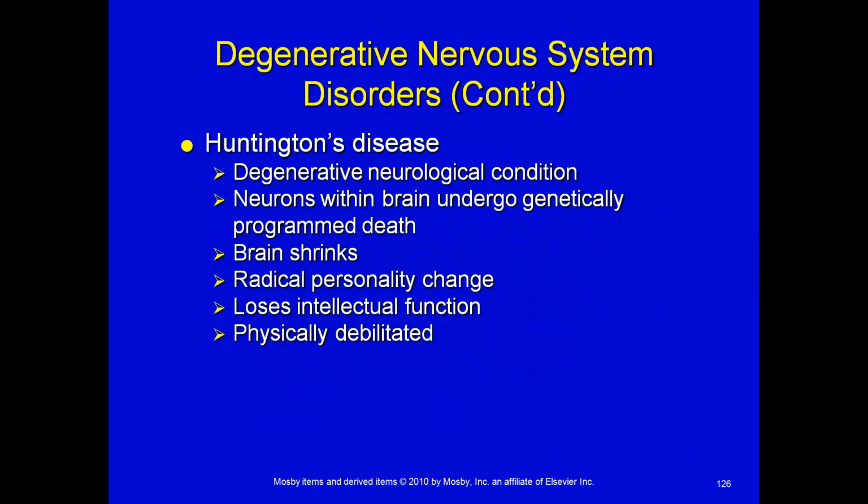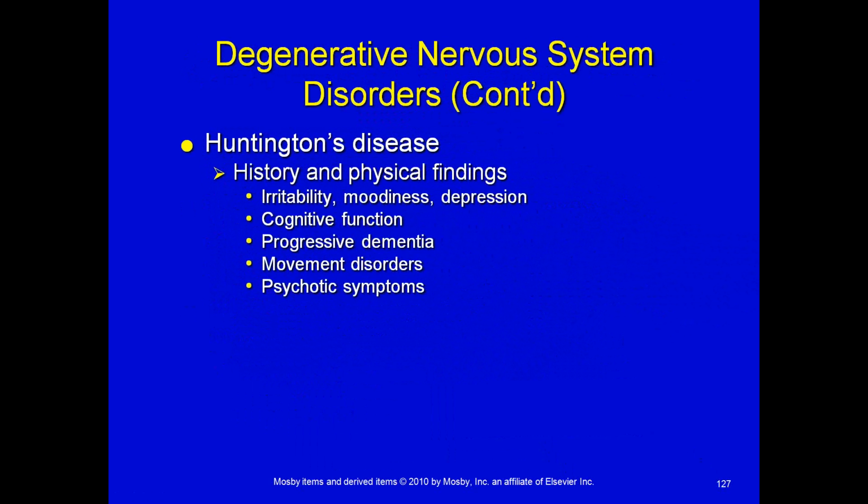Huntington's disease is another degenerative neurologic condition. The neurons within the brain undergo a genetically programmed death. The brain atrophies or shrinks. In patients with Huntington's disease, you see a radical personality change, a loss of intellectual function, and they may be physically debilitated.